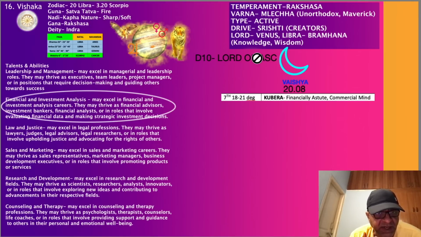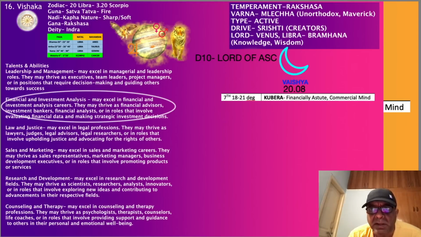Financial investment and analysis. They may excel in financial investment analysis careers. So she has to be astute about finance by default because of this arrangement. Vishakha provides this energy of being financially savvy to her. That's important. Whenever you're doing business, you have to be financially savvy.